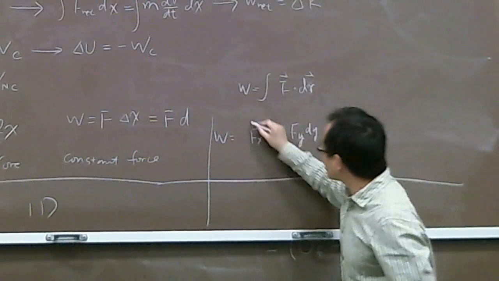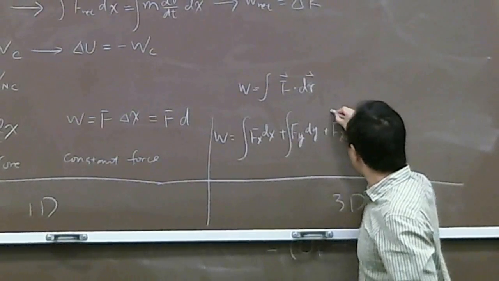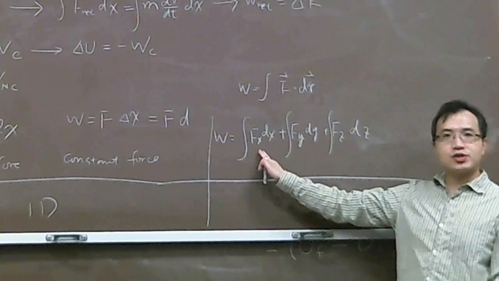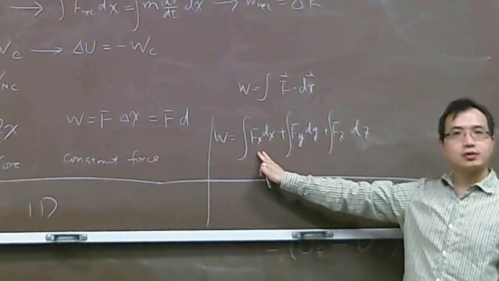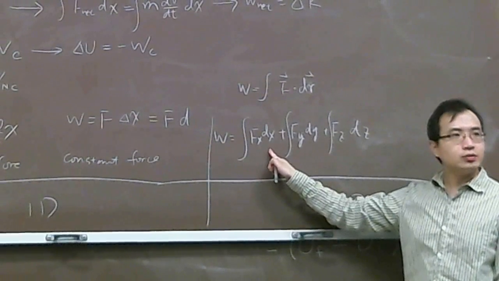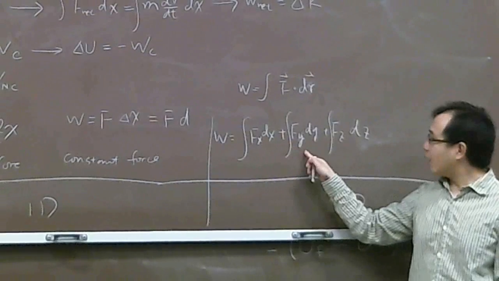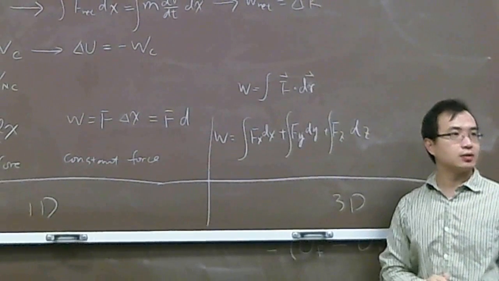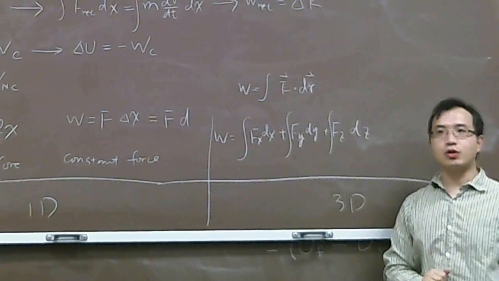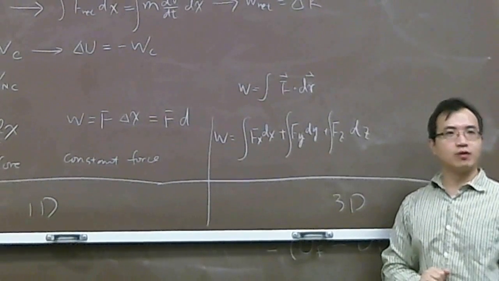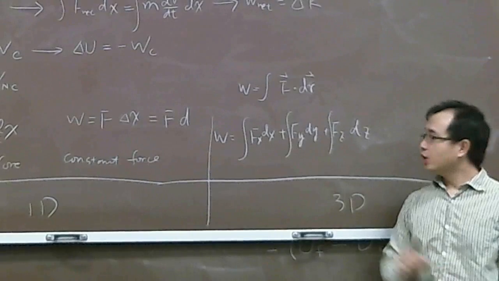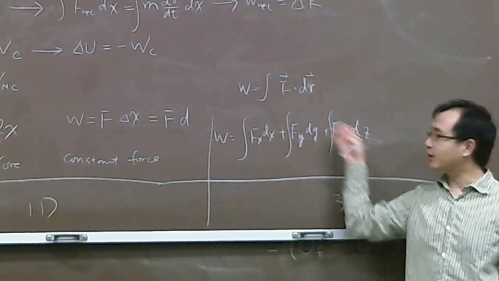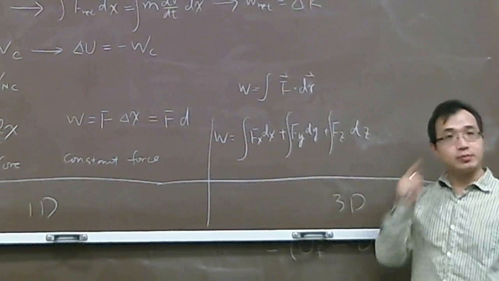But you have integral, so you put integral here, and integral here. So actually you can see that you just integrate along the x direction, Fx dx, along the y direction and z direction, and then add them together. Again, it's just a normal process of vector decomposition. So you get Fx, Fy, Fz, and integrate them separately and add them together.